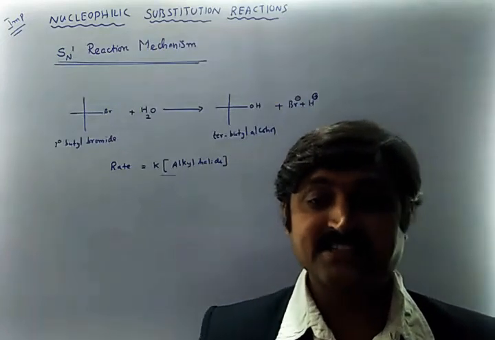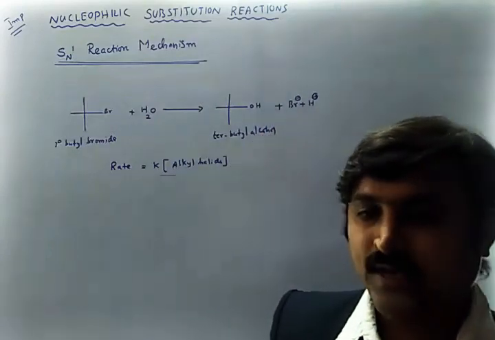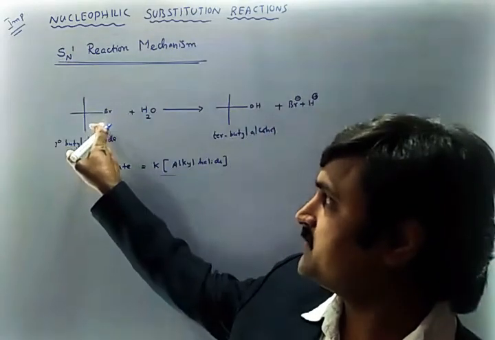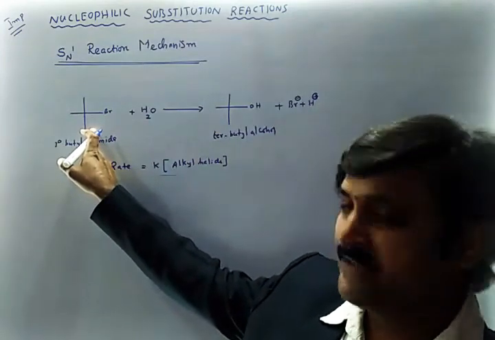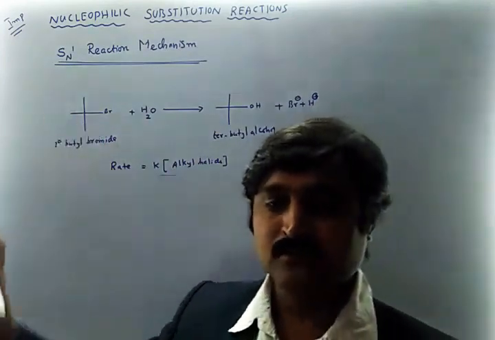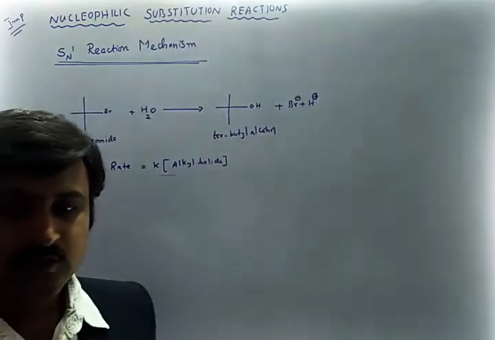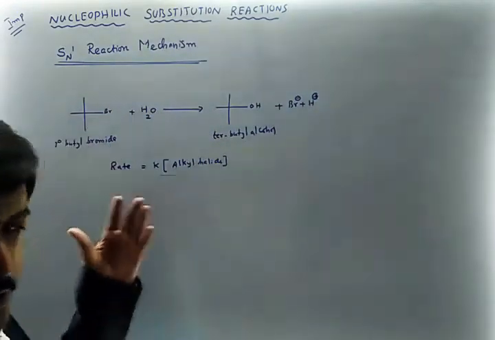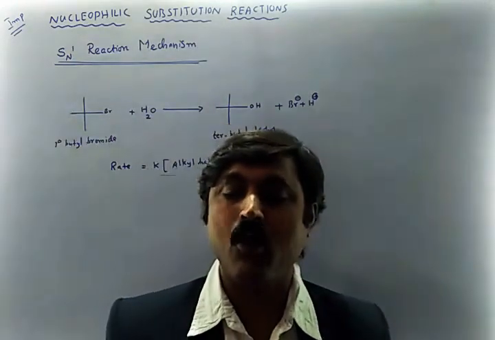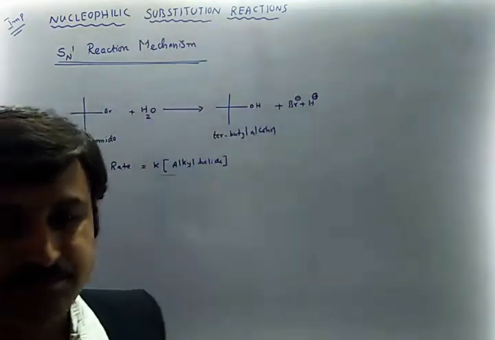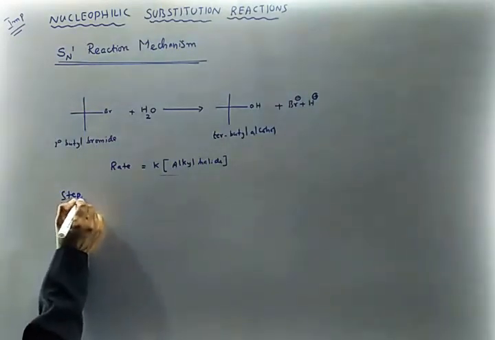An SN1 reaction has two steps. In the first step, the carbon halogen bond breaks down heterolytically, with the halogen retaining the previously shared electron pair. In the second step, the nucleophile, whatever it is, reacts rapidly with the carbocation formed in the first step. So, what is step 1 here?